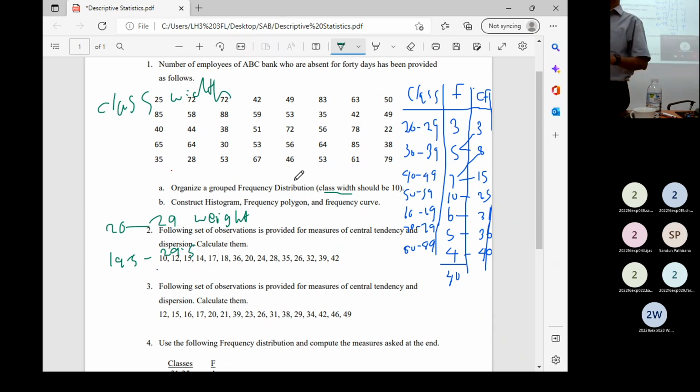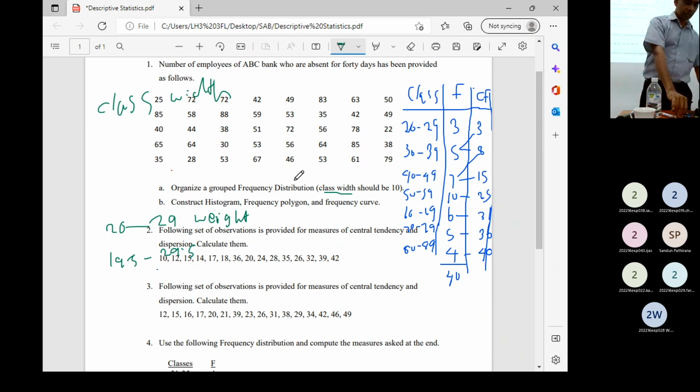Now we write down: difference between real limits is called class width. Example 20-29.